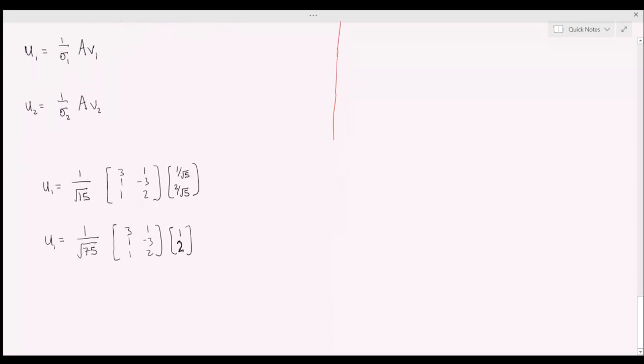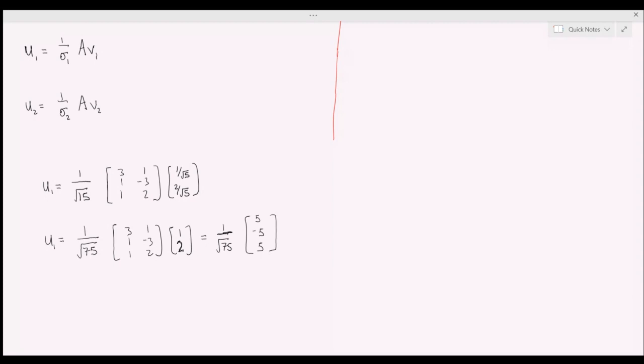And then just multiplying these out, we're going to get 1 over root 75. And then let's see, we'll get 3 plus 2 is 5. 1 minus 6 is -5. And then 1 plus 4 is 5. Oh, that's pretty nice. Okay. All right.